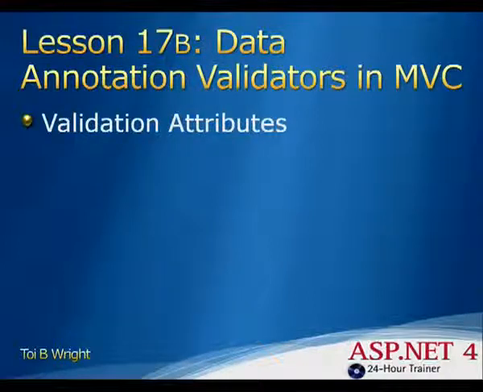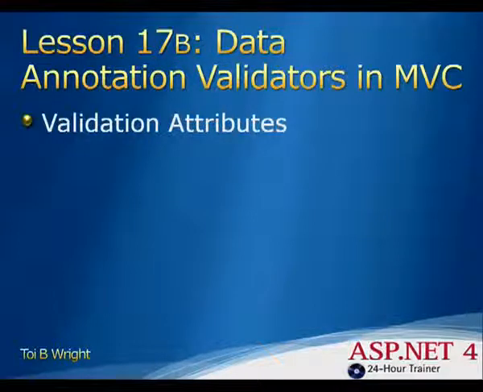You must import the system.componentModel.dataAnnotations namespace. These are the validation attributes that are included in the data annotations namespace. The custom validation attribute is used to specify a custom validation method at runtime.